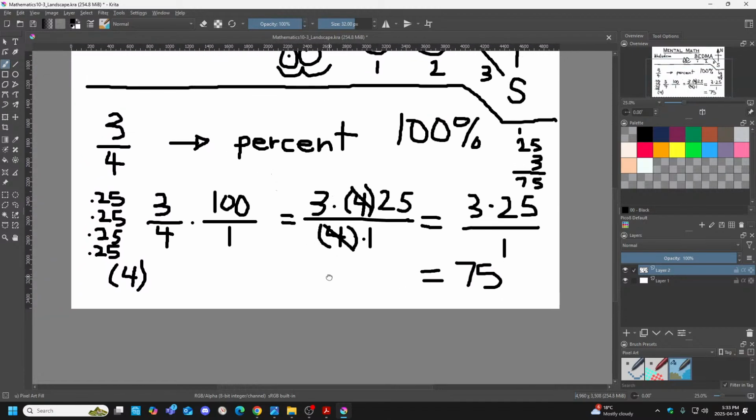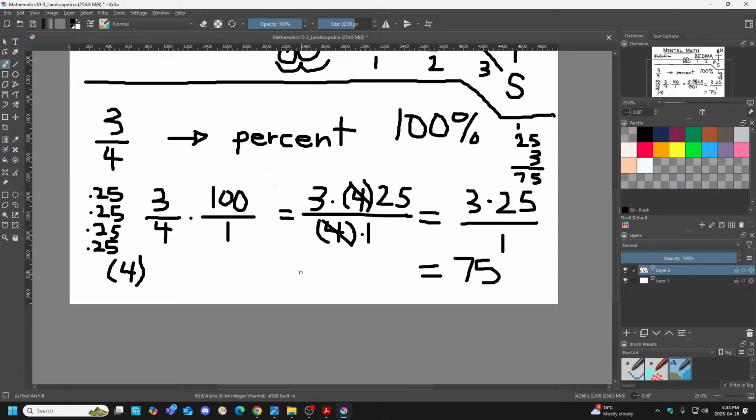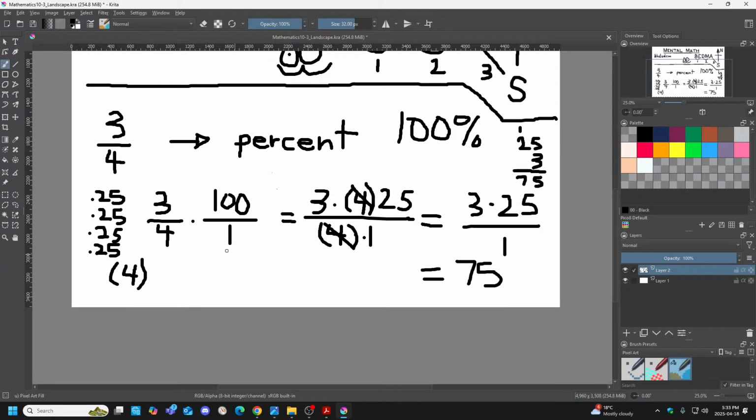Okay, so what we have is basically, all we've done really is we've taken 3/4 and multiplied it against 100. That's all we've done, guys. Okay, so we get the whole number 75.